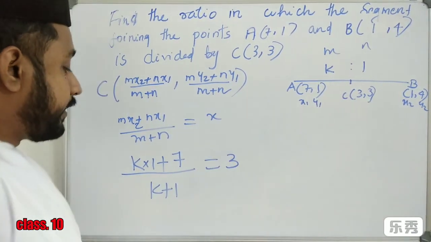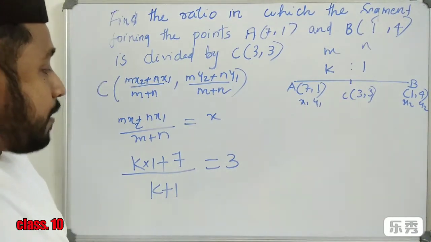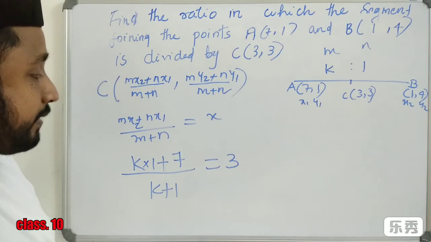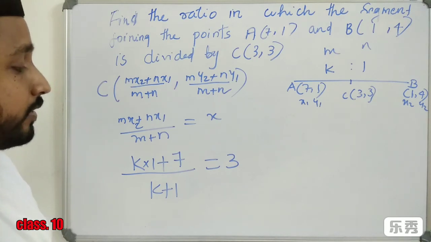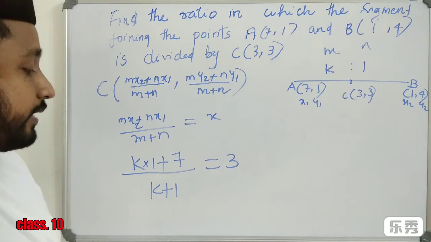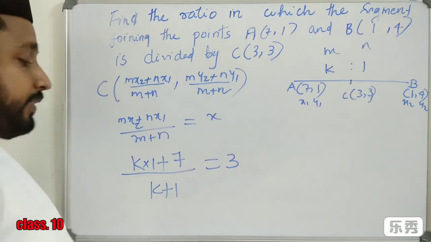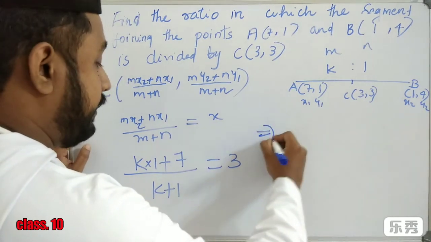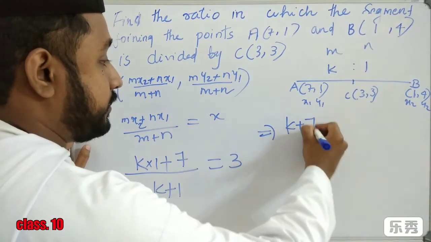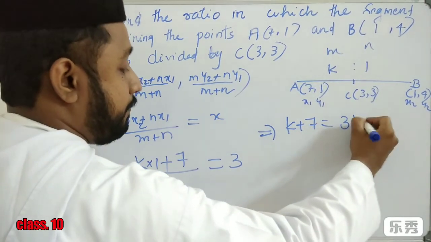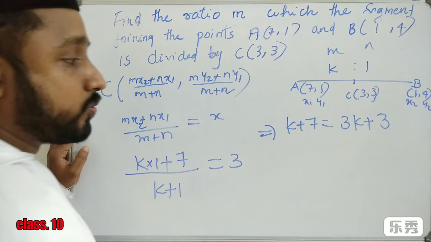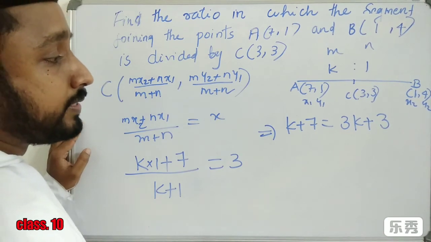So k plus 7 is equal to 3 into (k plus 1), that is 3k plus 3.